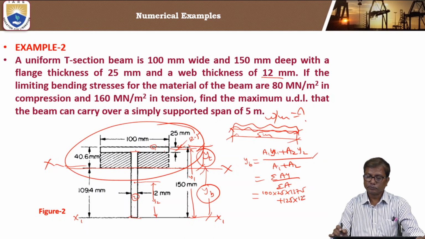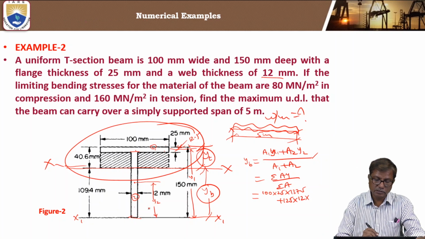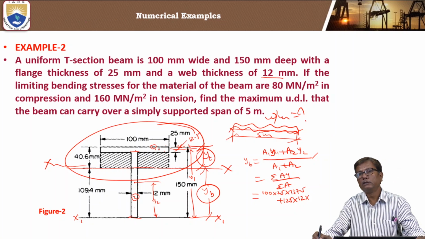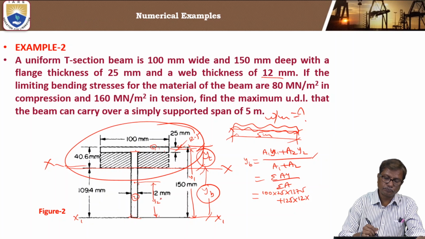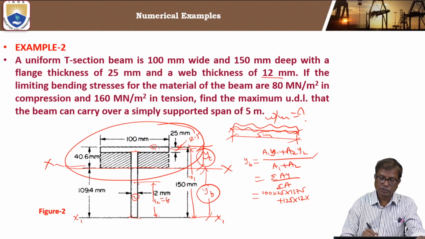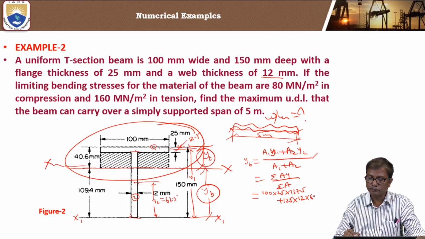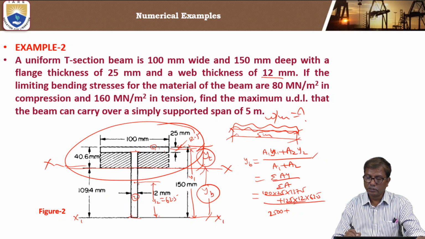And its centroid is 125 by 2, where 125 is the depth, that is 62.5, divided by area 1 plus area 2. Area 1 is 25 into 100. Area 2 is 125 into 12.